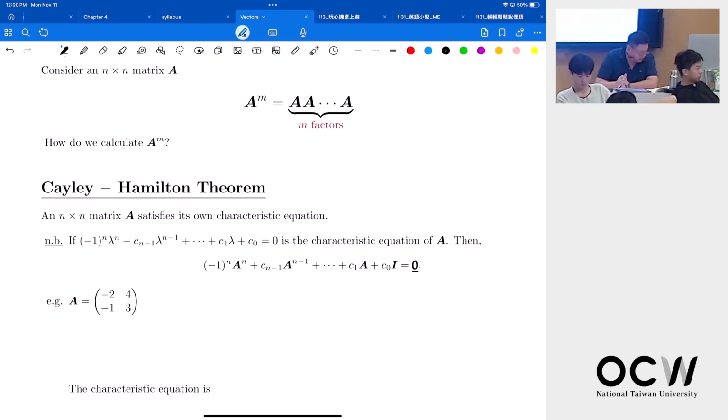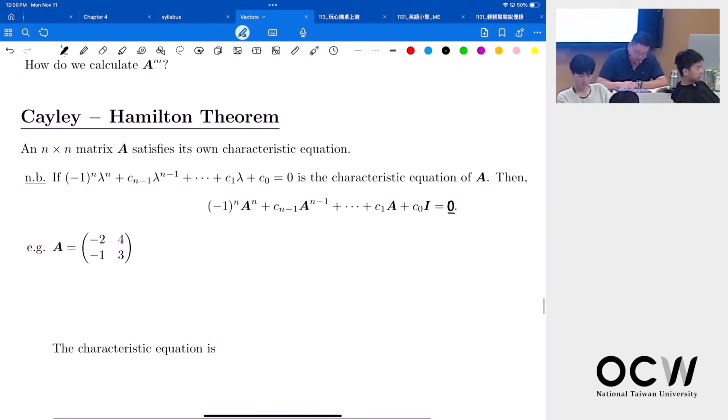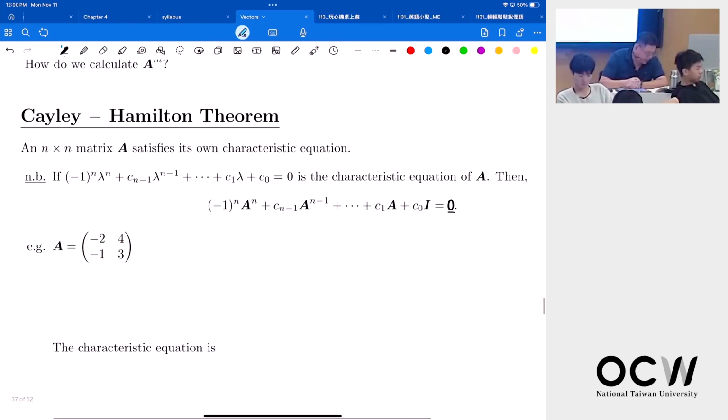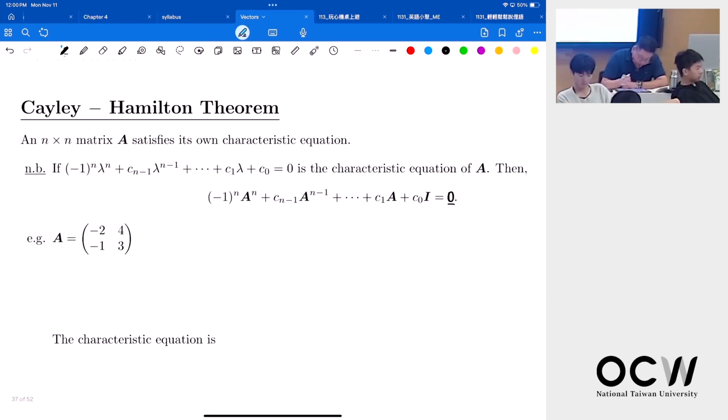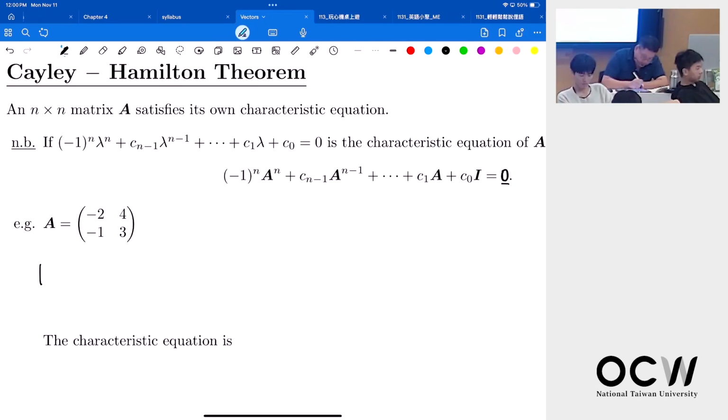So, for example, for this matrix A, let's find the determinant. If I want to find A to the m, we still need to find the eigenvalues first.